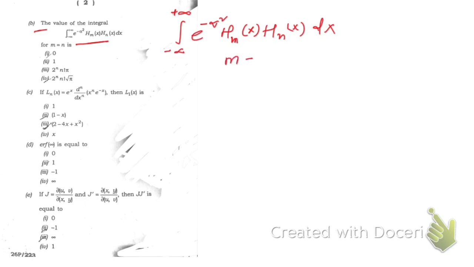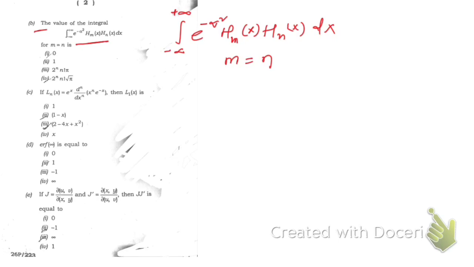Here you see the value of this integral. What is the integral? Let me write it here. Integration from minus infinity to plus infinity of e to the power minus x square, Hm of x, Hn of x dx. That is the integral. One more condition is given, m is equal to n.